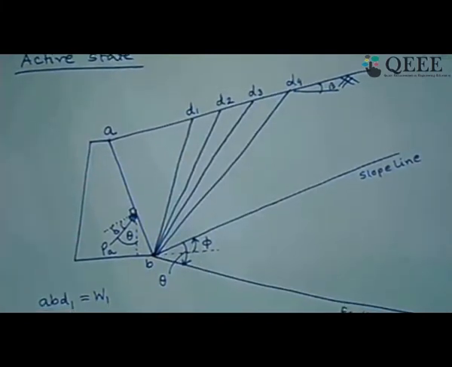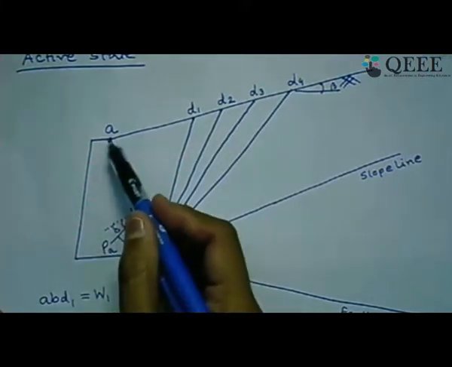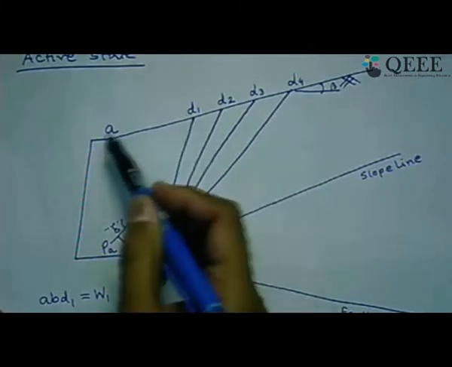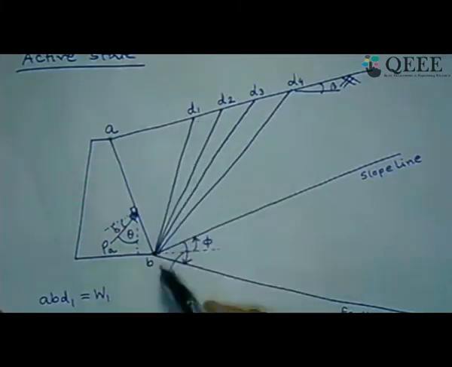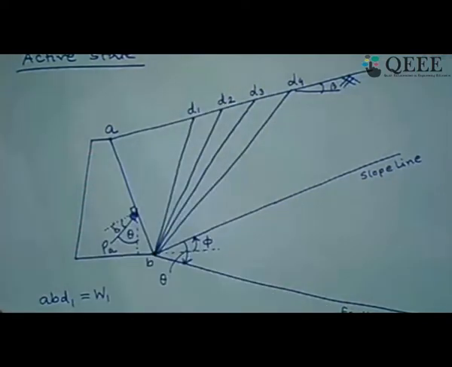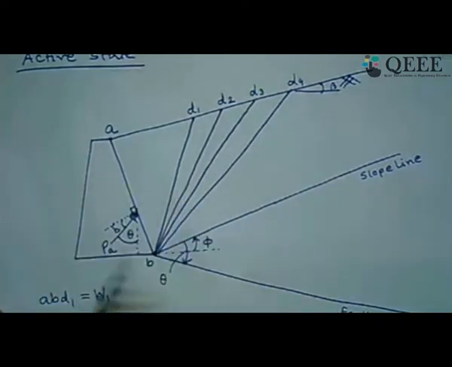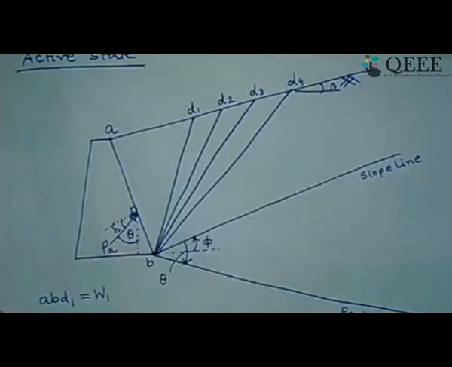Once we select the scale, everything in the space coordinate has been drawn. Next comes another scale for selection, which is the vector scale. How we have to find out the vector scale, I will come to that. Now from the geometry you will get the cross-sectional area of ABD1, and per meter length perpendicular, you will get the volume of this zone, and if you multiply that volume with the unit weight of the backfill soil, you will get the weight W1 for this zone.